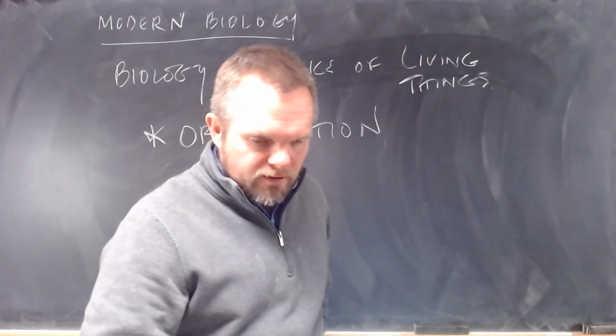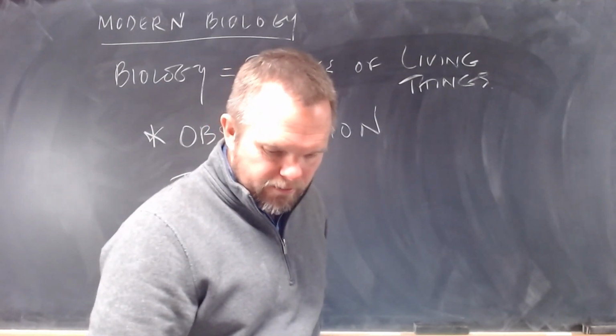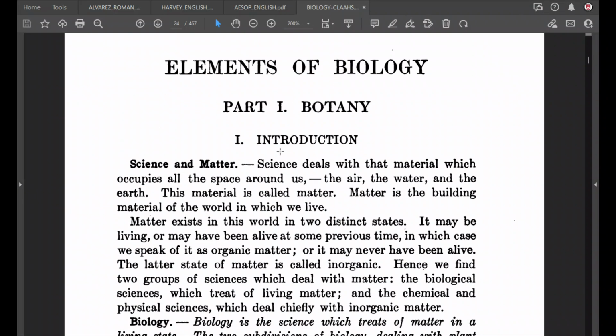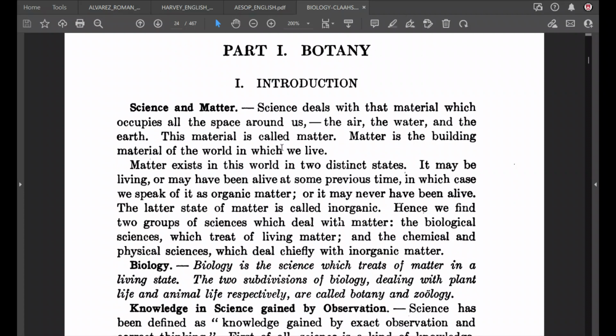So in our first lesson, we studied this first paragraph, and I'll switch over to the textbook here. We studied this first brief section about science and matter. We talked about how science deals with the observation of material things.